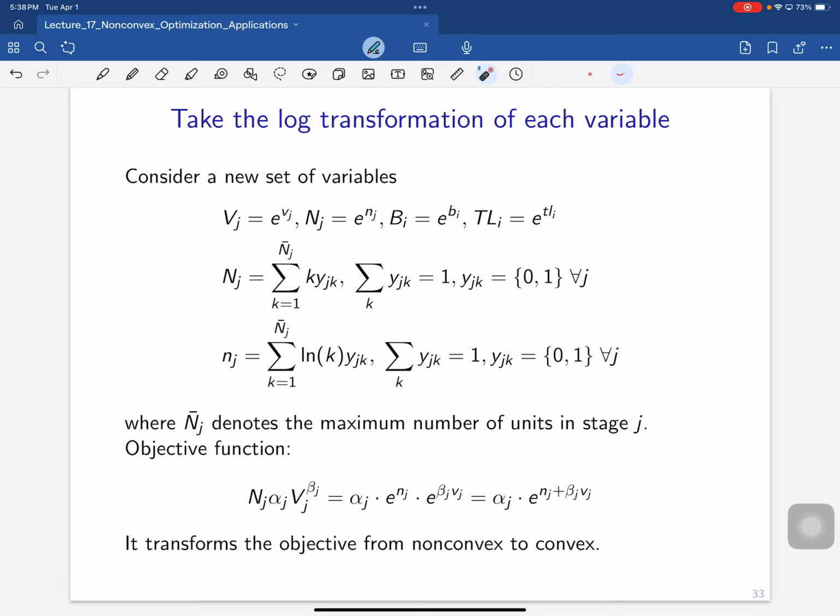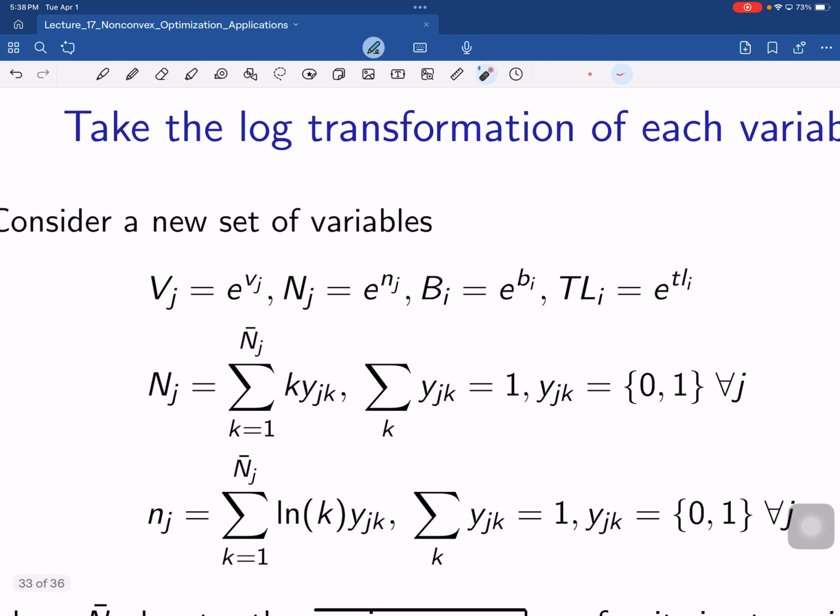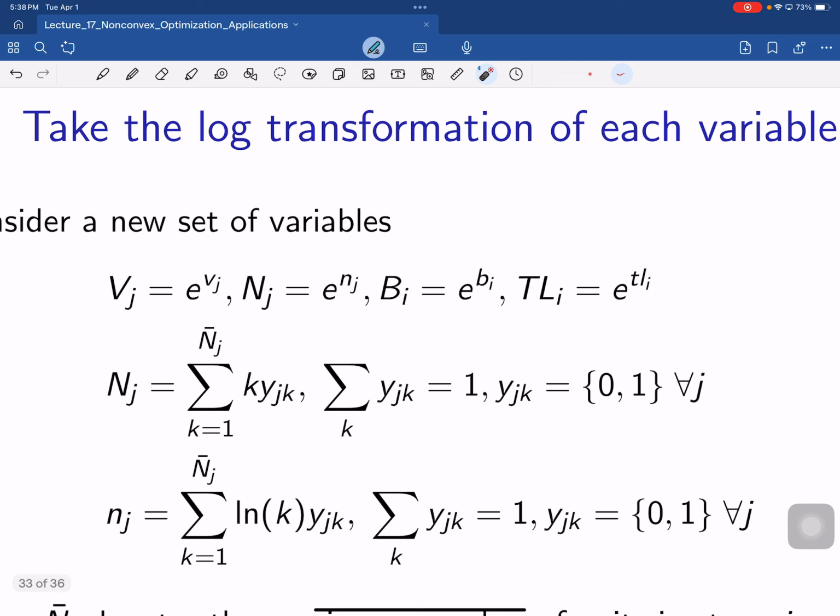Okay, so the trick here is taking the log transformation of each variable. So what does that mean? Remember here, Vj is a vessel size. It's a continuous variable greater than or equal to 0. Nj is a number of units. Bi is a batch size. TL is a cycle time of product i. Right?